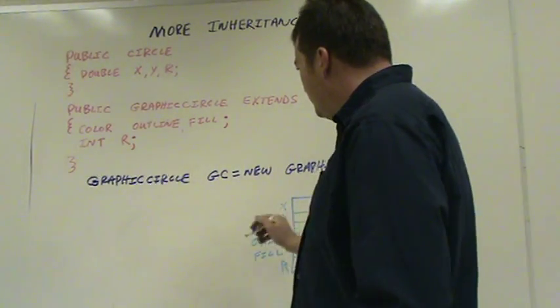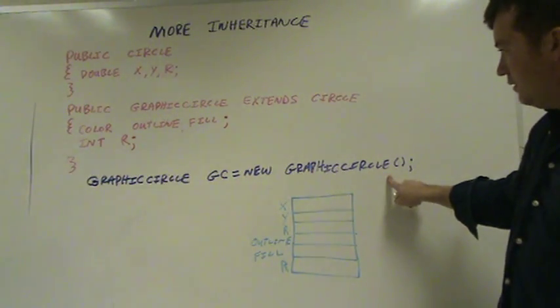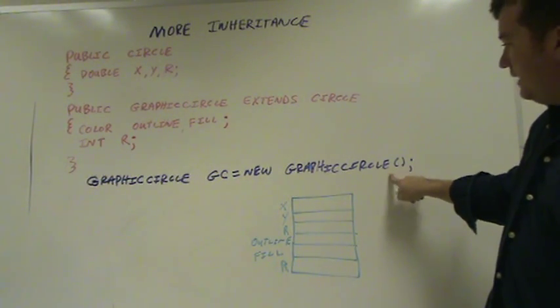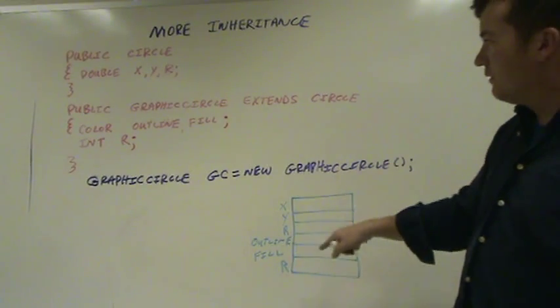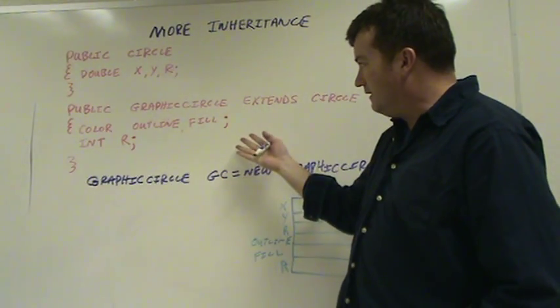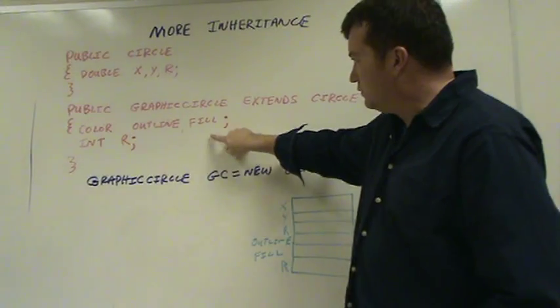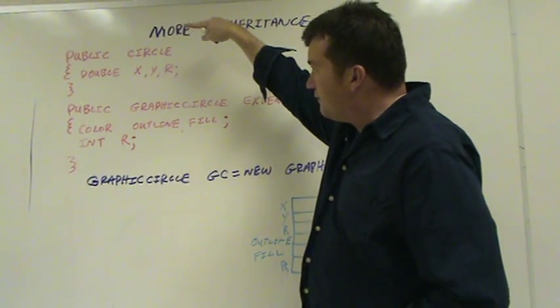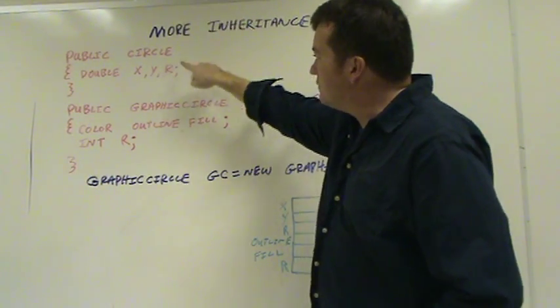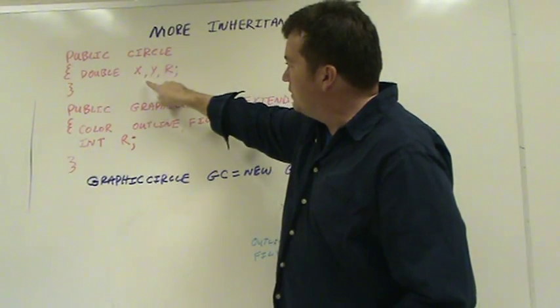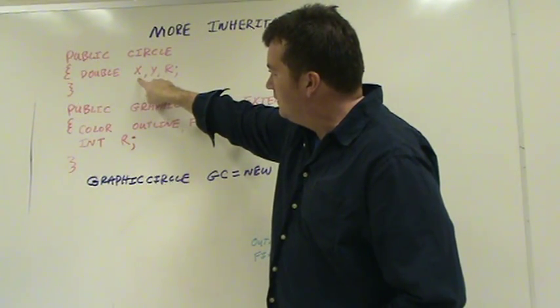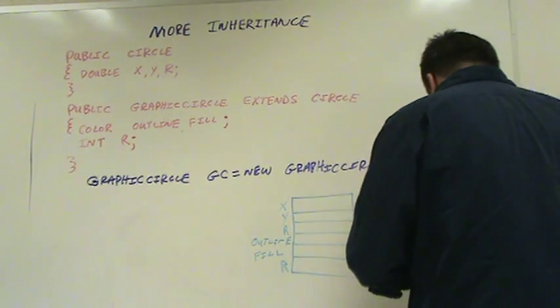So where it would end up, this line right here would create a graphic circle and call the graphic circle constructor, which is not here. So that will, by default, call the constructor for a circle that takes no parameters, which will fill in. Maybe I should have written it.